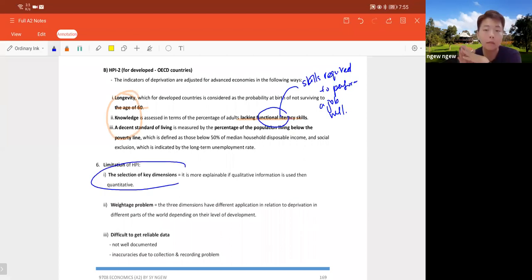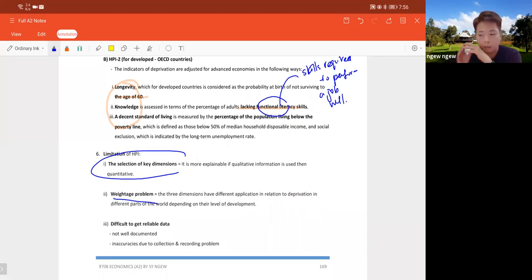Again, limited dimensions, limited aspects being measured, and a weightage problem, okay, because different countries, due to some demographic factors or whatever, might be severely deprived from something and not so severely deprived from something else. So if we use an average figure of 3, it might be a bit unfair, okay?